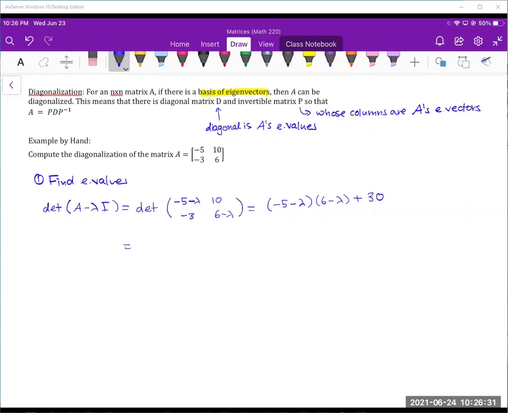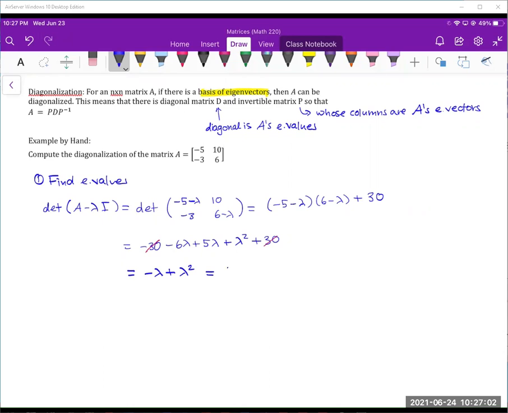Multiplying this out, we find negative 30 minus 6 lambda plus 5 lambda plus lambda squared plus 30. Notice this negative 30 and positive 30 cancel, and so this is negative lambda plus lambda squared. We can factor this, right?